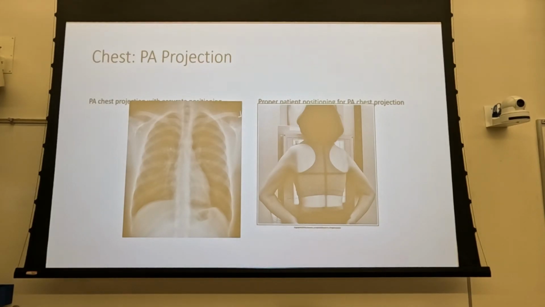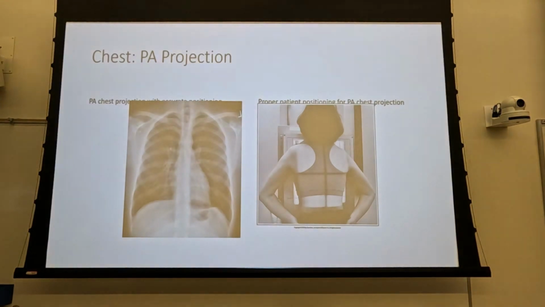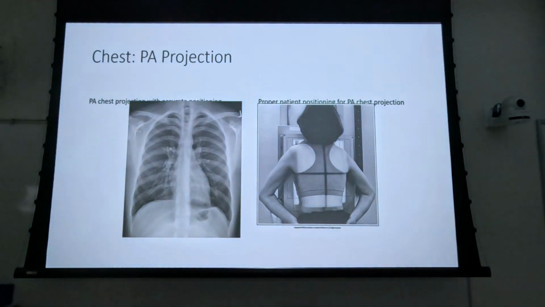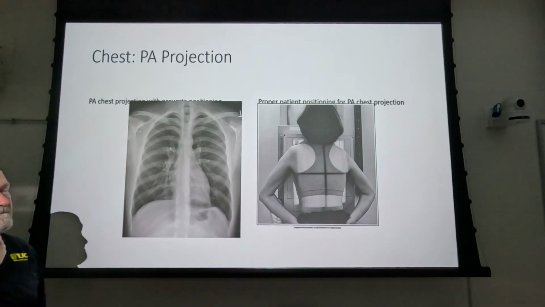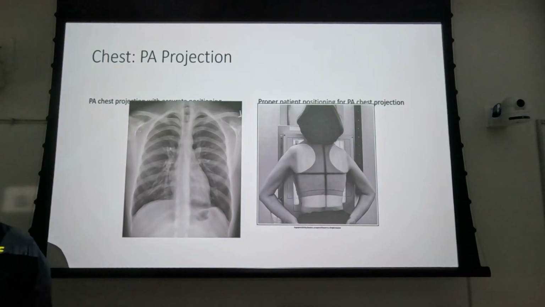So that's your positioning, and what you want to see then on a PA chest x-ray is 10 posterior ribs. Now, going back to last semester, or last year, first semester, how do you differentiate posterior from anterior ribs? What does the anterior rib not touch?